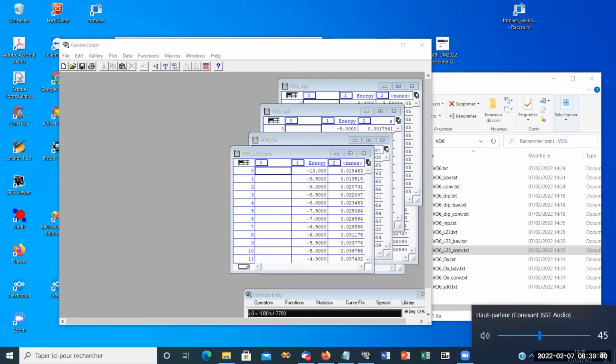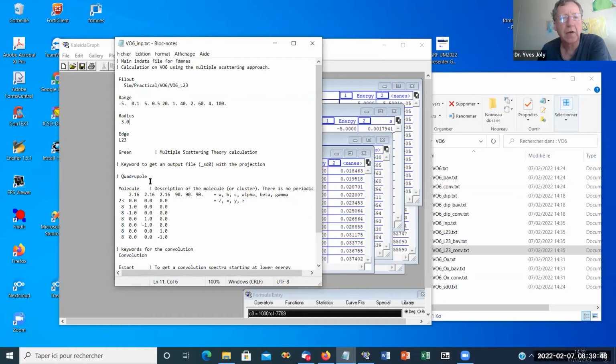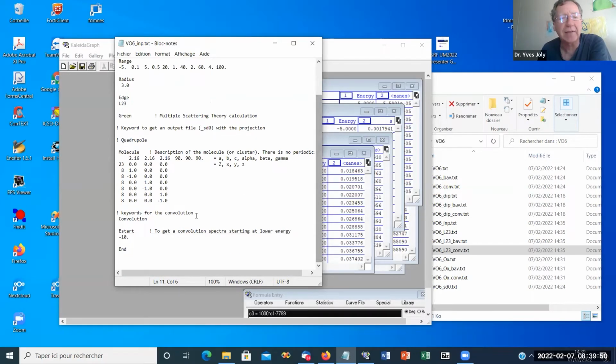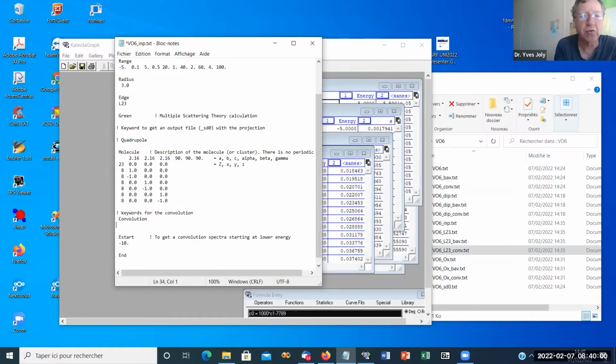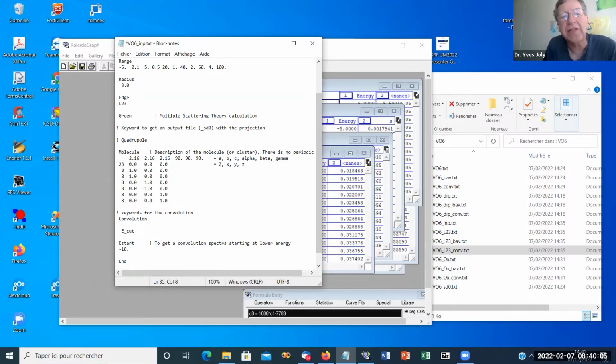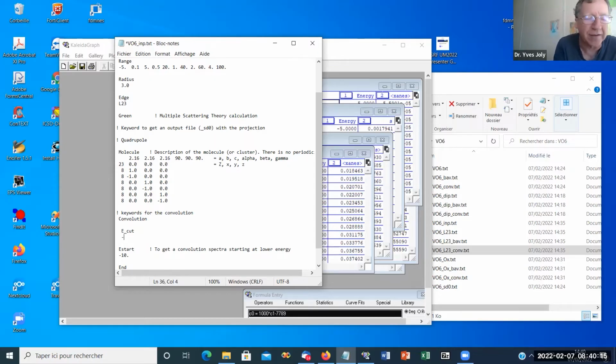Indeed, in the data file, if you want to check this, it's in the convolution part. You can say, maybe my Fermi level is not exactly what was calculated by default in the ground state, and you can add a keyword. I now prefer to write it as E dot, because Fermi level is not exactly the good word for an excited state.